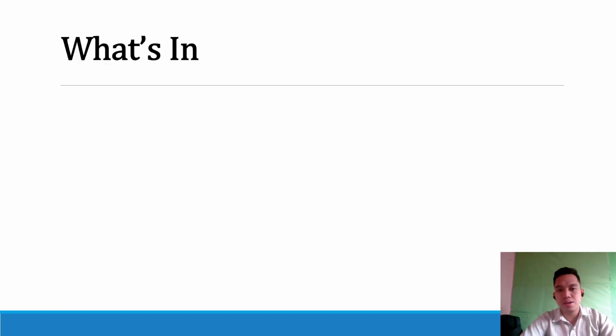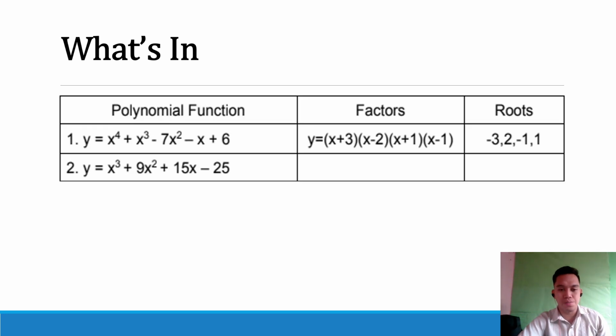Okay, so here is another activity to hone your knowledge in finding the roots of polynomial functions. Find the factors of the given polynomial function and write its roots on the last column. The first one is done for you. Number 1, y equals x raised to 4 plus x cubed minus 7x squared minus x plus 6.